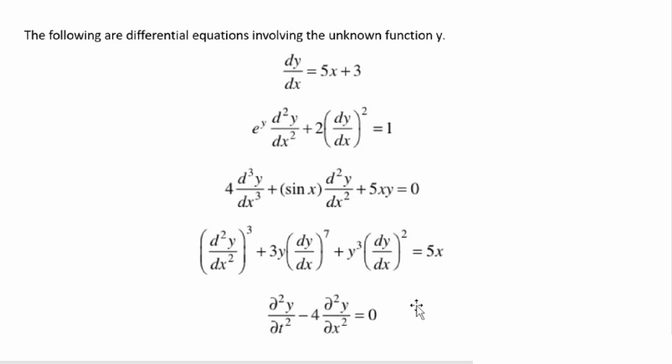On the last example, if you encounter this kind of symbol, that's what we call a partial derivative. Therefore, this is a partial differential equation. Now, what is the order of this? We have the square of the partial derivative of y over the partial derivative of t squared minus 4 times the partial derivative squared of y over the square of the partial derivative equals 0.